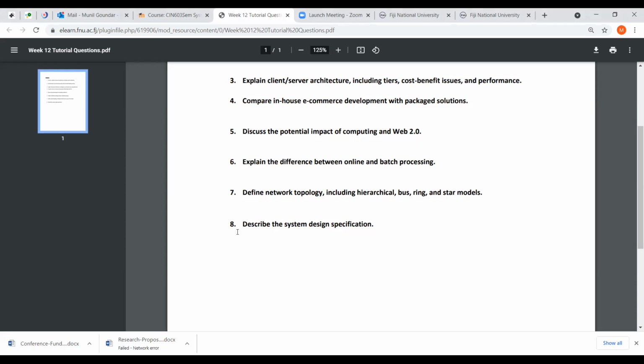Question number 5. Discuss the potential impact of computing and Web 2.0. Okay, so let's write it down.